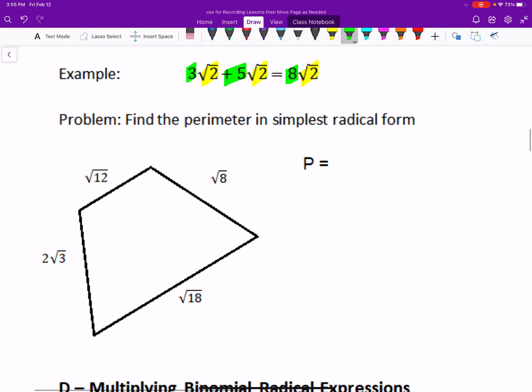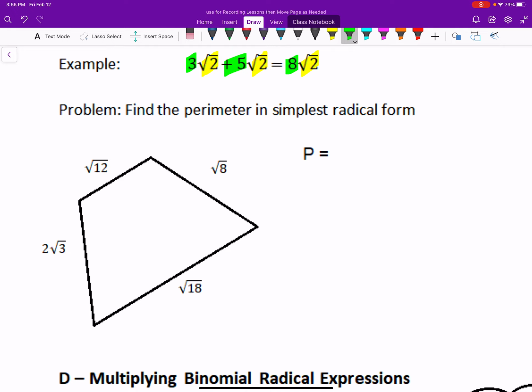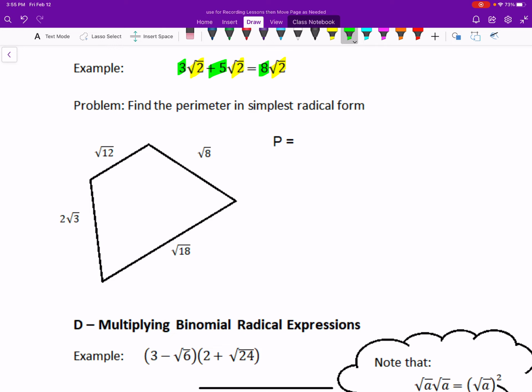If I want to find the perimeter of this shape in its simplest form, we know that perimeter is just adding all the sides together. So I might start by writing them all out: root 12 plus 2 root 3 plus root 8 plus root 18.